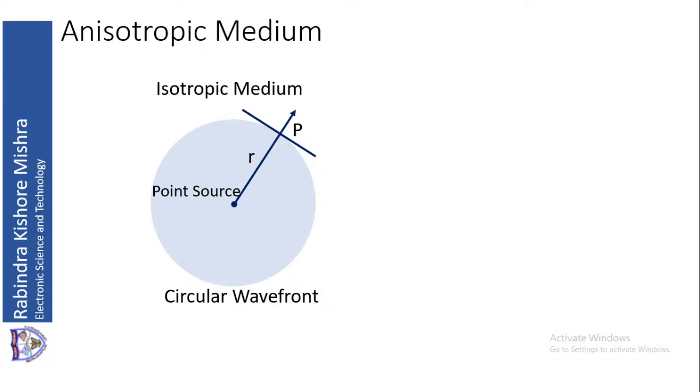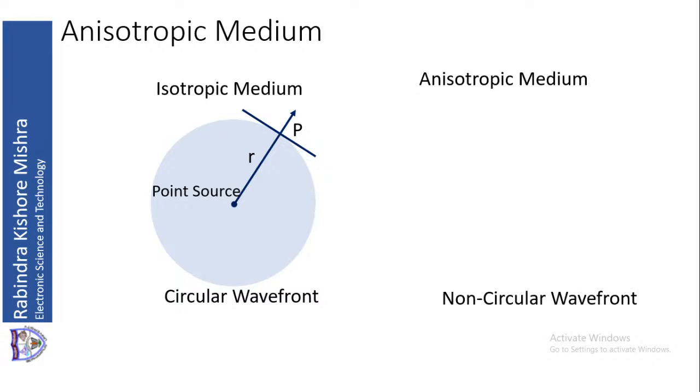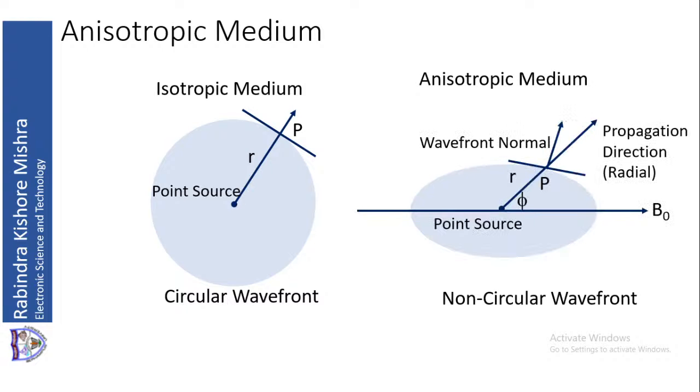But if we consider an anisotropic medium, then the surface is no more a sphere. So we have a non-circular wavefront. The propagation direction will always be radial, but the phase velocity will always be perpendicular to the wavefront.